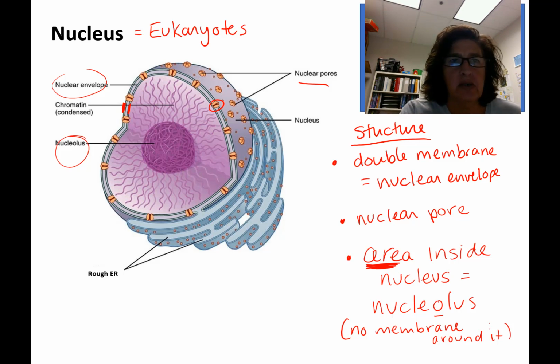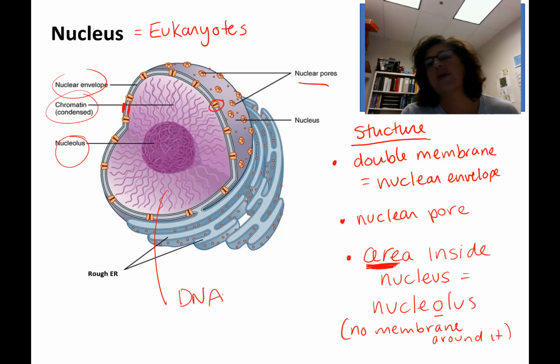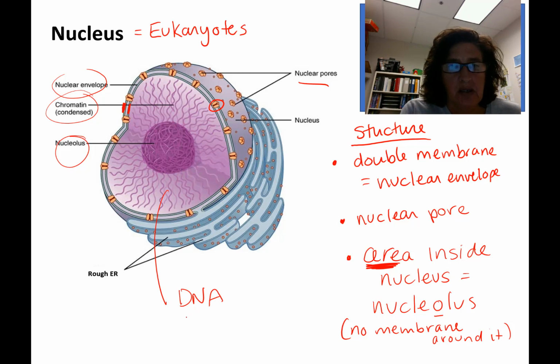You've got what it says here, chromatin. So inside the nucleus is where eukaryotic cells keep their DNA. So chromatin is technically DNA plus proteins.